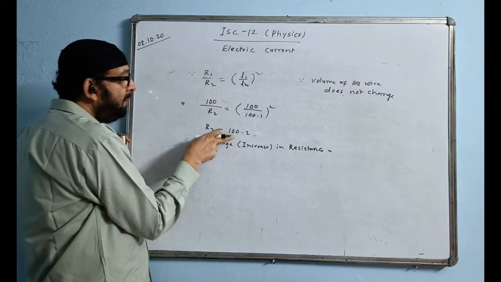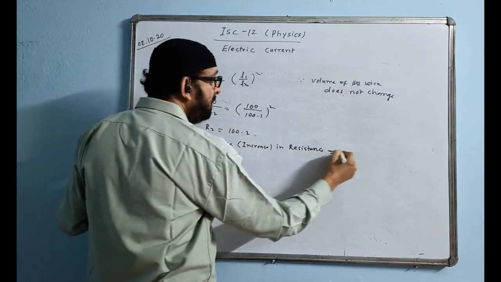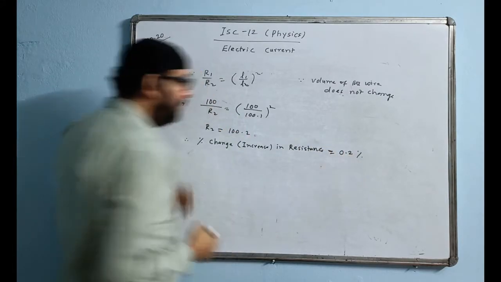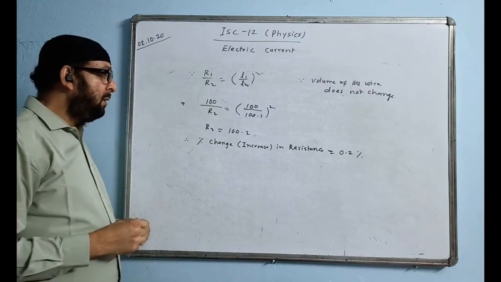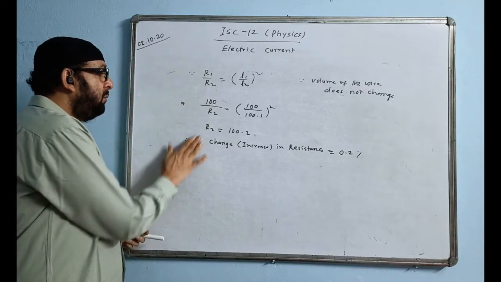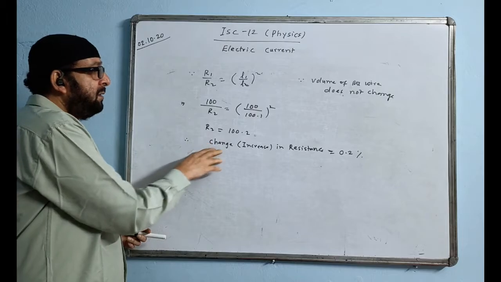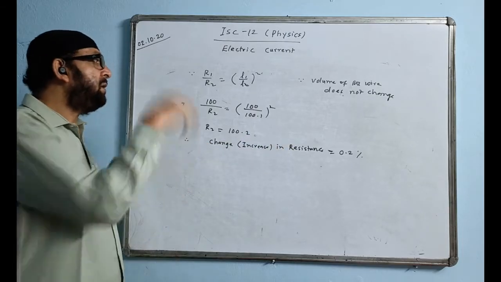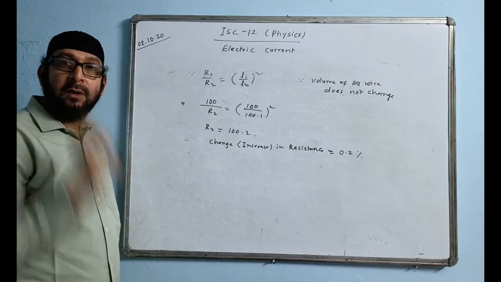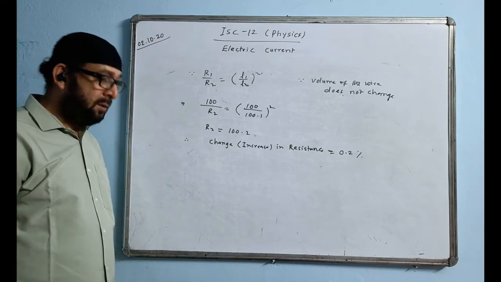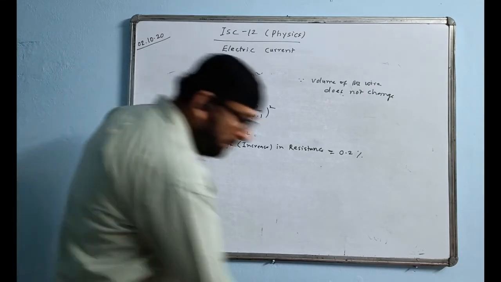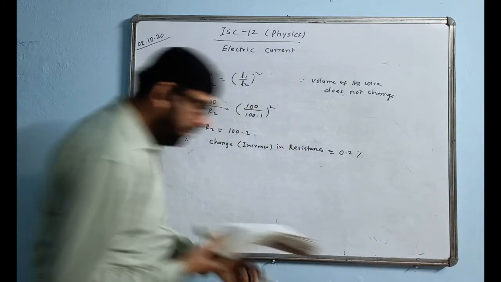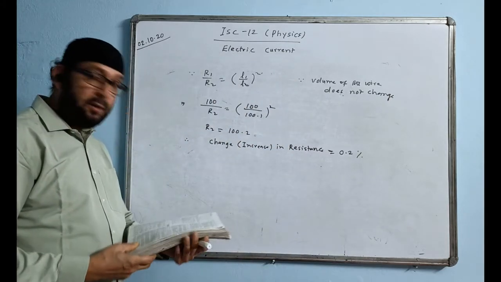Before it was 100, now it becomes 100.2. Therefore, change will be 0.2%. That is the answer. We may not put the percentage sign here. Let us say change in resistance is equal to 0.2%. For the percentage change, we will take the initial value, base value as 100, and then we will calculate. Okay, so this question is solved. Now I read another question.